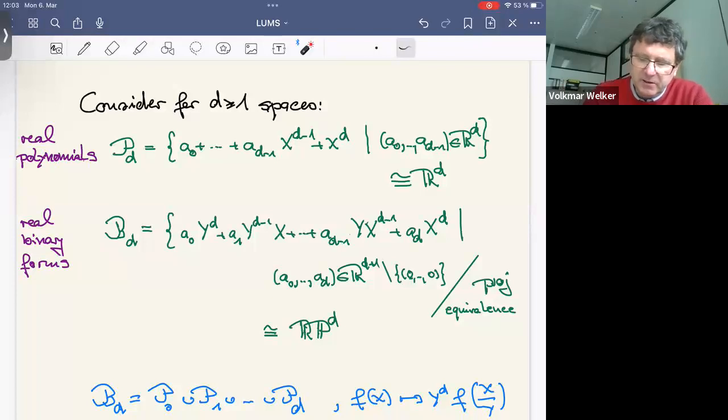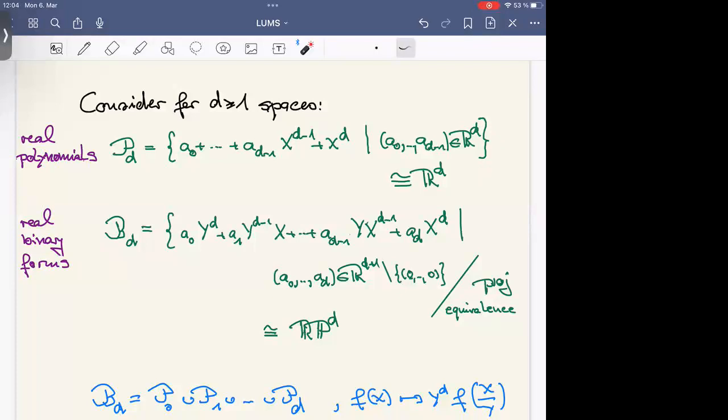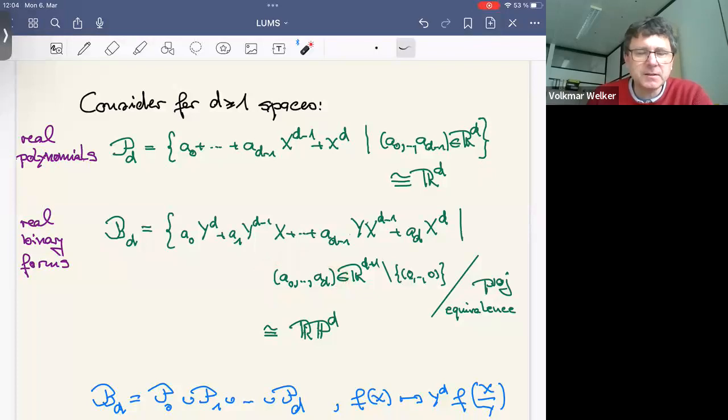But in contrast to what we do here, we do not give it the topology it inherits from these coefficients. Rather, we take the space modulo projective equivalence. We consider two binary forms equivalent if they are the same after multiplication with a real constant. This way we can identify this space of binary forms with real projective D space.